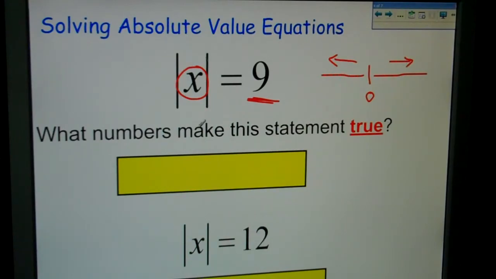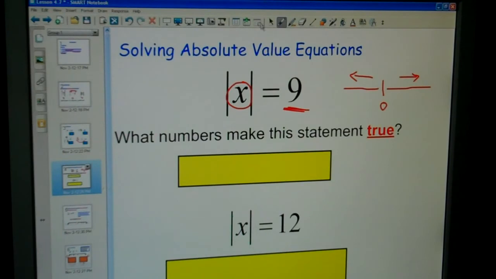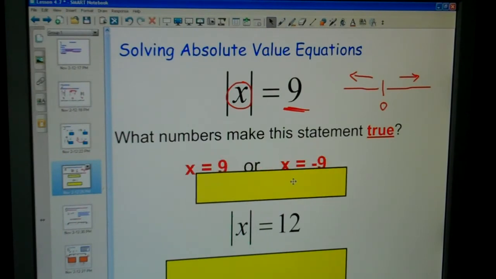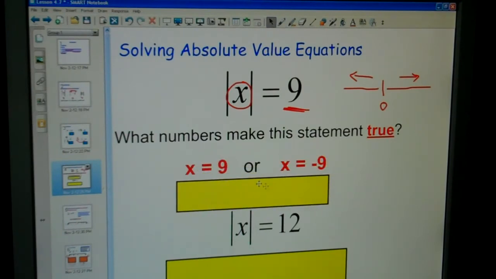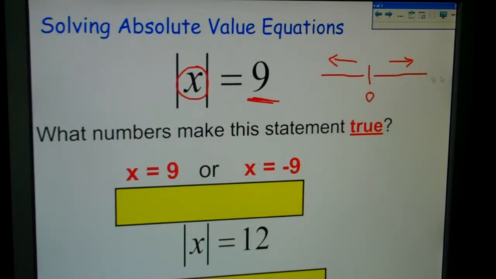What number or numbers can I put in for x that will be 9 spaces away from 0? There are 2 answers. I can go to positive 9, that's 9 spaces away from 0, or I can go to negative 9, that's 9 spaces away from 0. The big thing here is absolute value equations have 2 solutions.